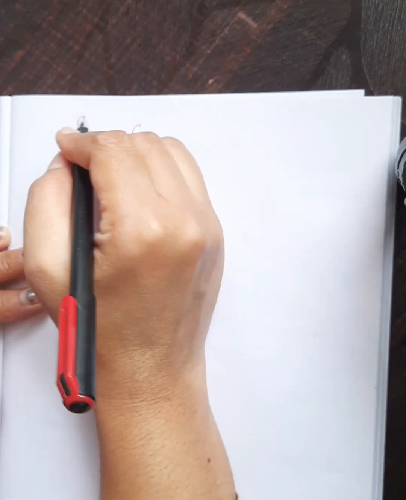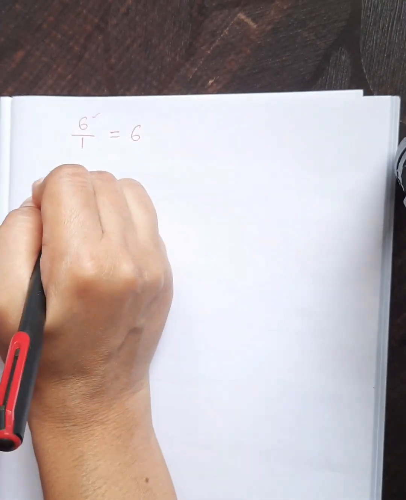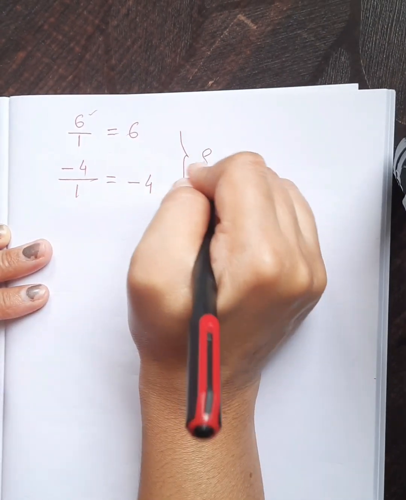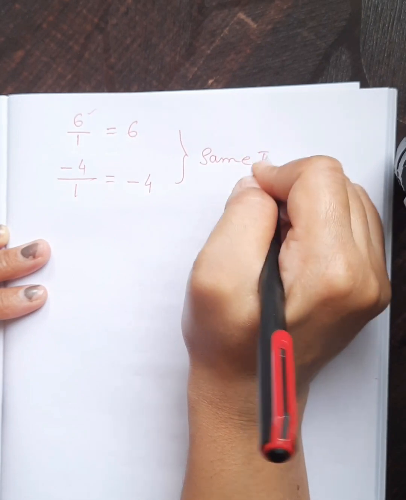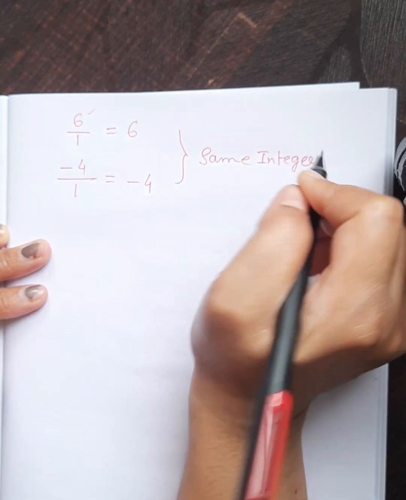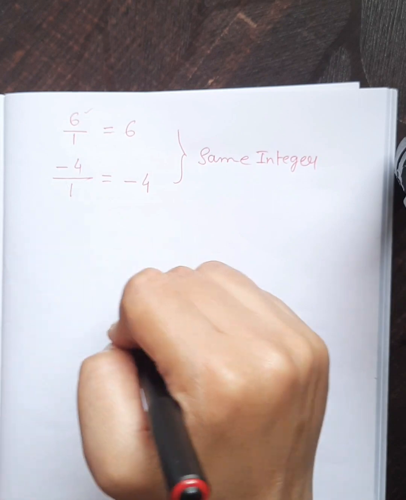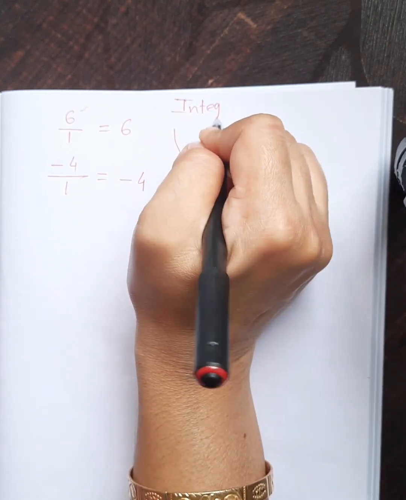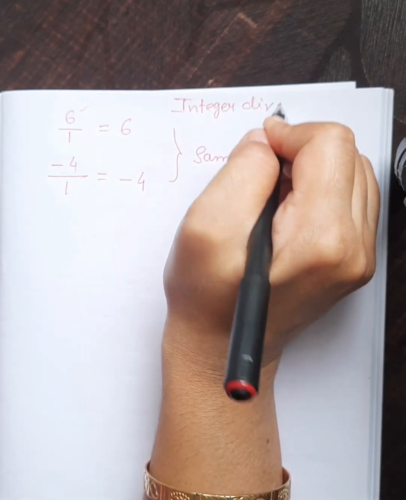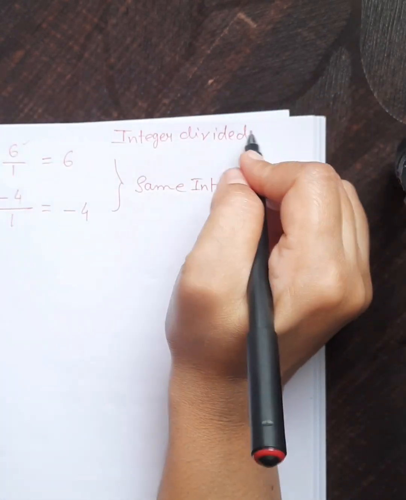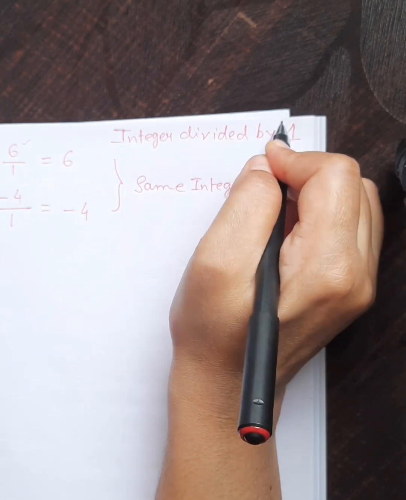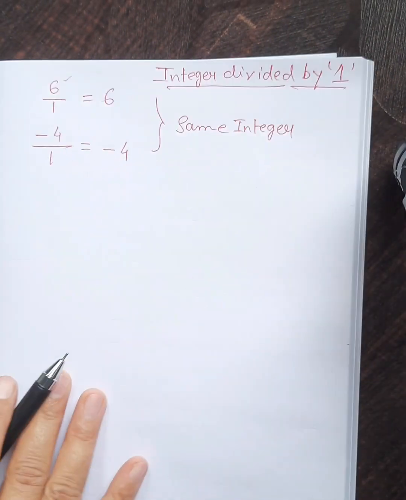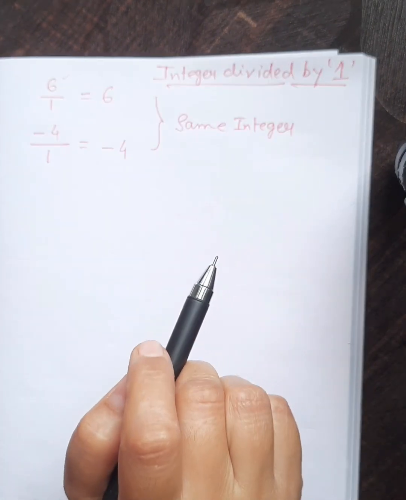Any positive or negative integer, suppose minus 4 divided by 1, we get the same integer. When an integer is divided by 1, then we get the same integer.